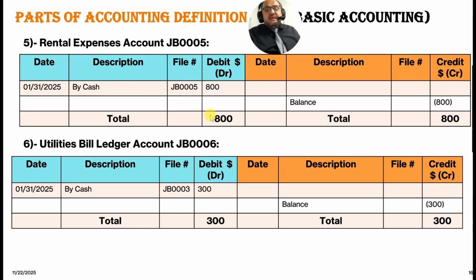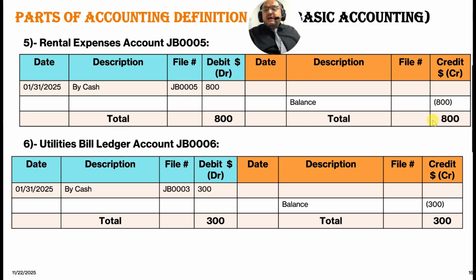So here it is 800, and in here again, to make this equal to this one, we write in here balance. While recording it in the trial balance, we write on the debit side 800, and on the credit side 800. 800 minus this 800 is equal to 0.